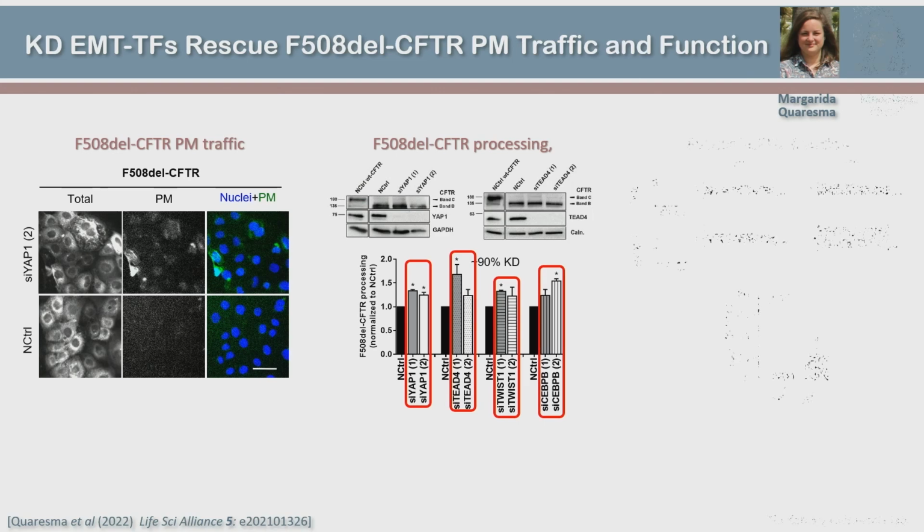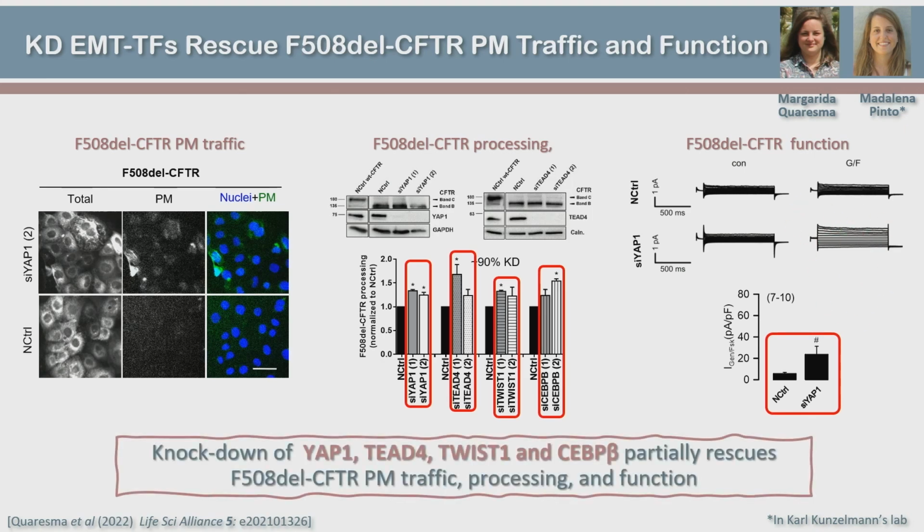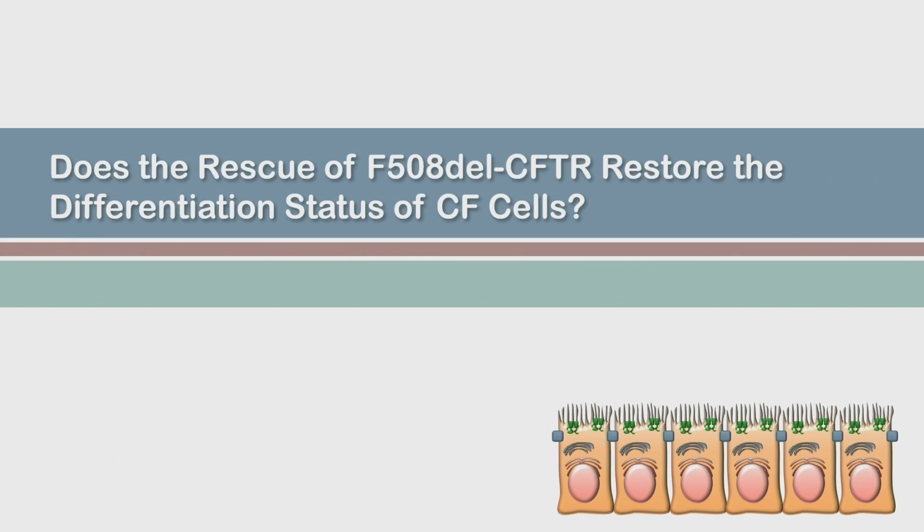actually rescue some of F508del, not just localization, but also the function as shown here by this electrophysiology patch clamp data. So knocking down these transcriptional factors partially rescues the traffic to the plasma membrane of F508del processing and function.